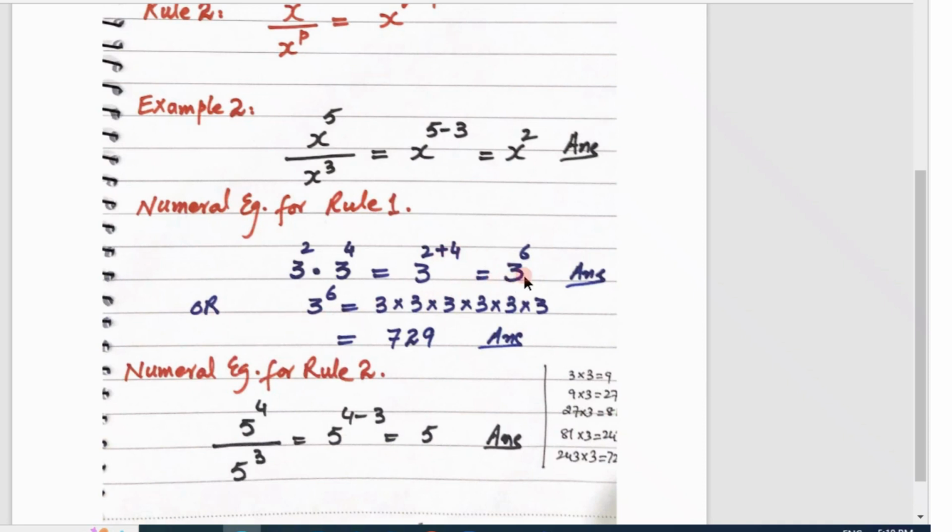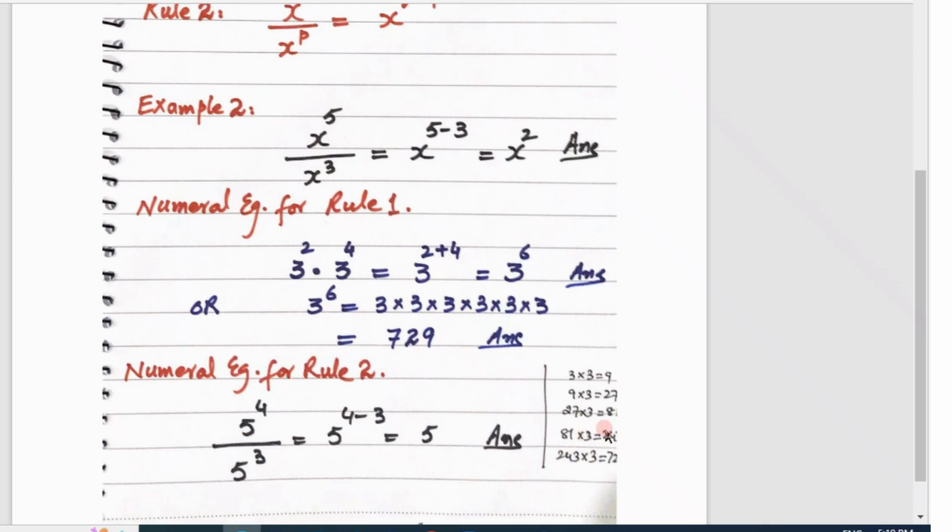Sometimes in the paper you get this statement: give your answer in exponent form. If it is written give your answer in exponent form, then you will give this answer, 3 raised to power 6. If it is written give your answer in number, then you will multiply 3 raised to power 6, three times. 3 threes are 9, 9 threes are 27, 27 threes are 81, 81 threes are 243, and 243 multiplied by 3 is 729.